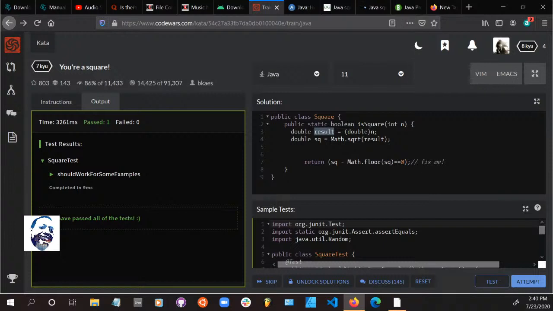In order to make this mean something, I assign this variable square to the actual square root of this result, which I can't take in. If you don't believe me, watch. If I put n in here, I'm going to get an error. It's going to tell me you can't use this method with the integer, right? And then I'm going to test and see what happens.